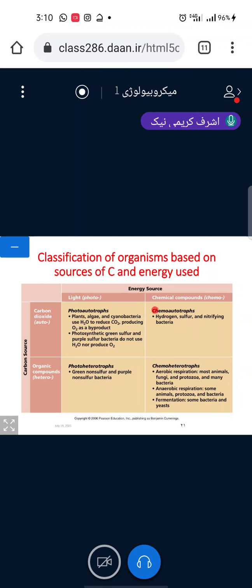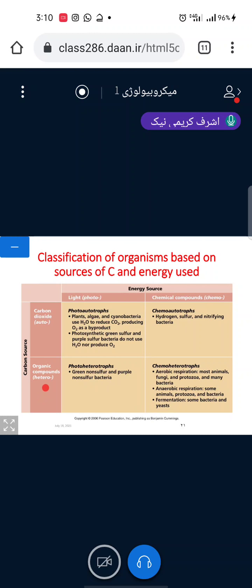In this table, you can see this classification. Carbon source is carbon dioxide for autotrophs, and for some bacteria and all fungi, the source of carbon is organic compounds.